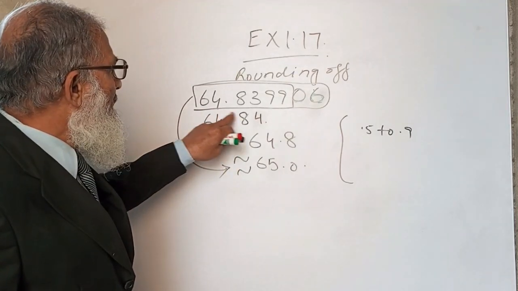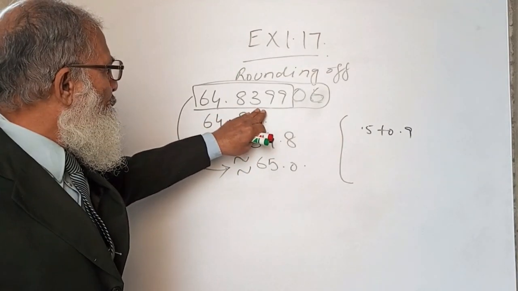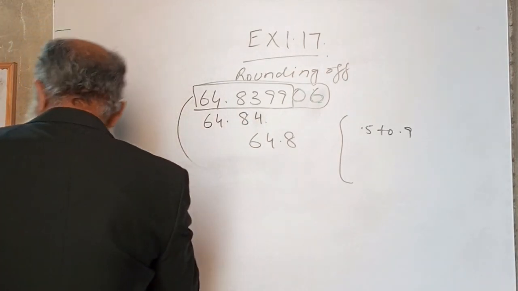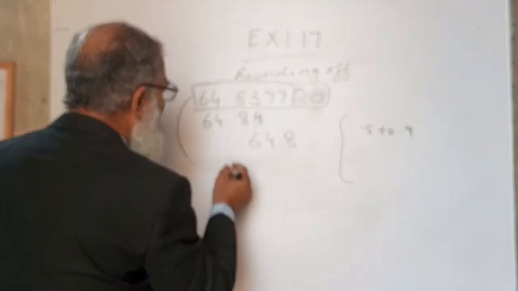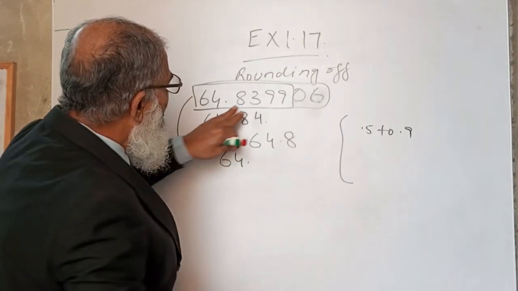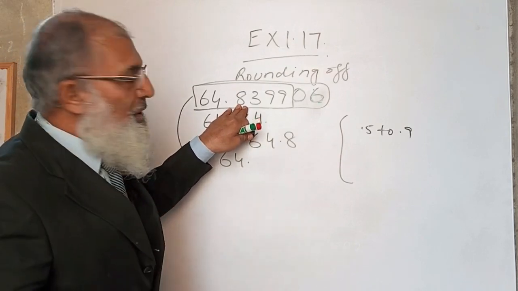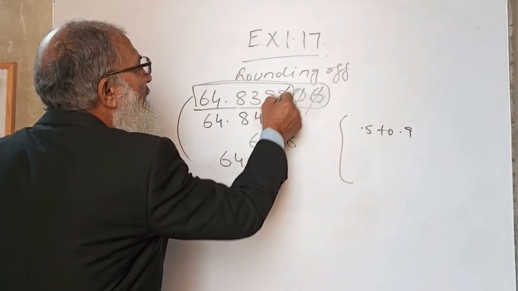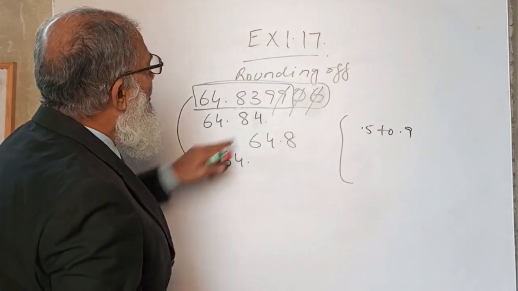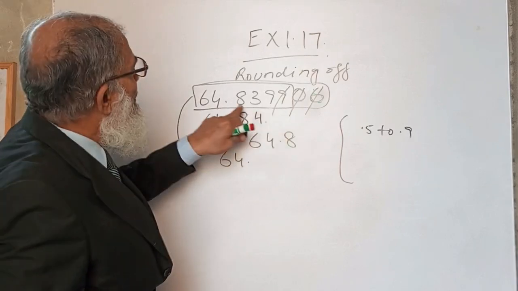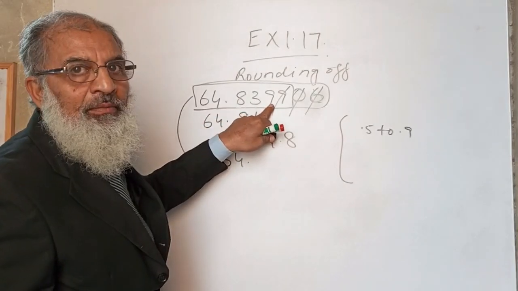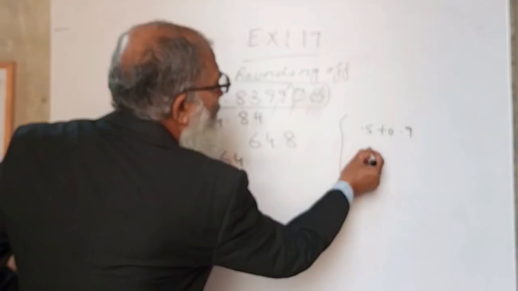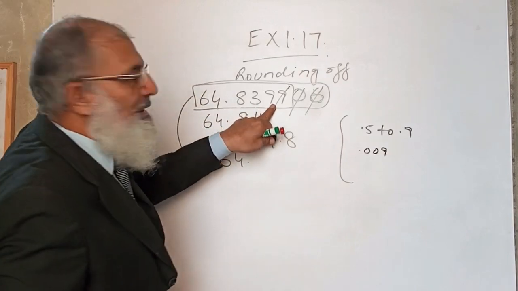Now if we are asked to do up to two significant places, then we have to ignore this, and ignore this. Then what comes here? 0.009. Mind my words, 0.009 is the next term.